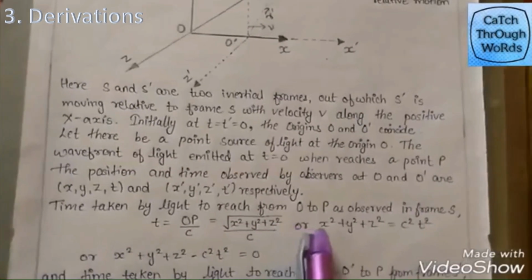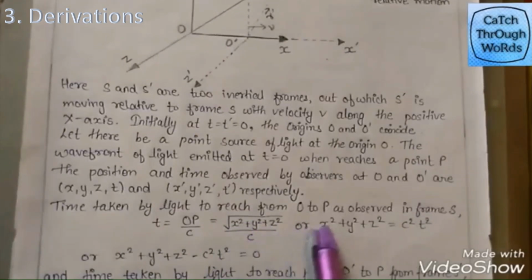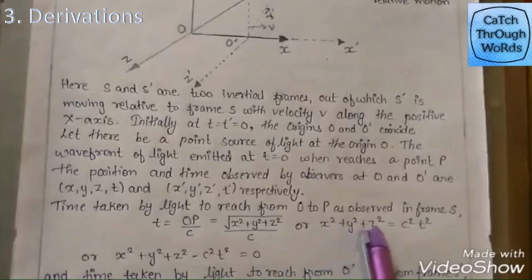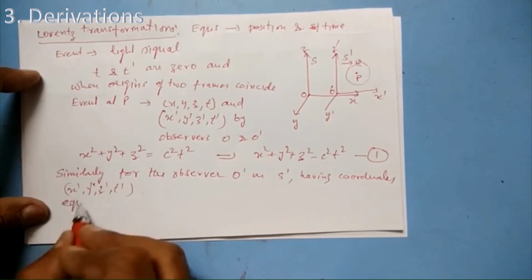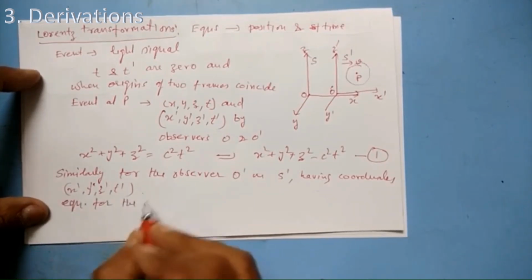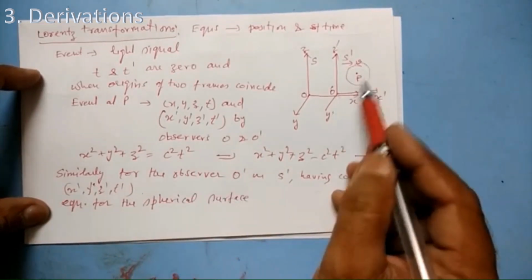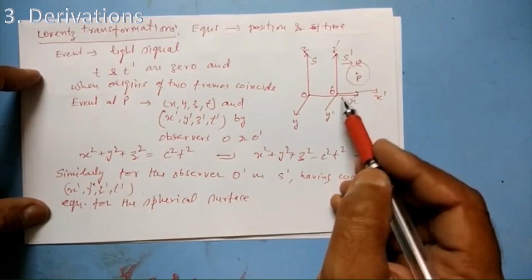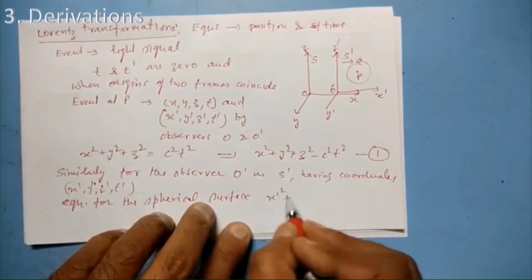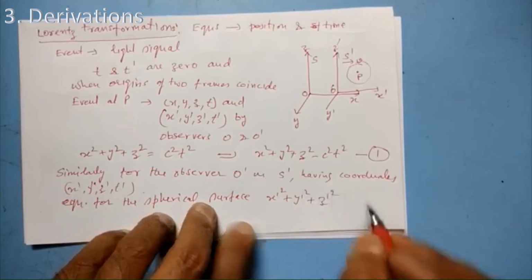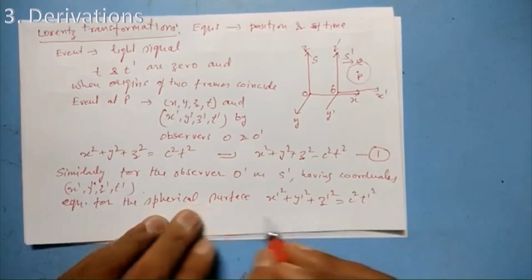So we have the square root of x squared plus y squared plus z squared, divided by c, or x squared plus y squared plus z squared equals c squared t squared. The equation for the spherical surface at point P observed by the observer O prime is written as x prime squared plus y prime squared plus z prime squared equals c squared t prime squared.